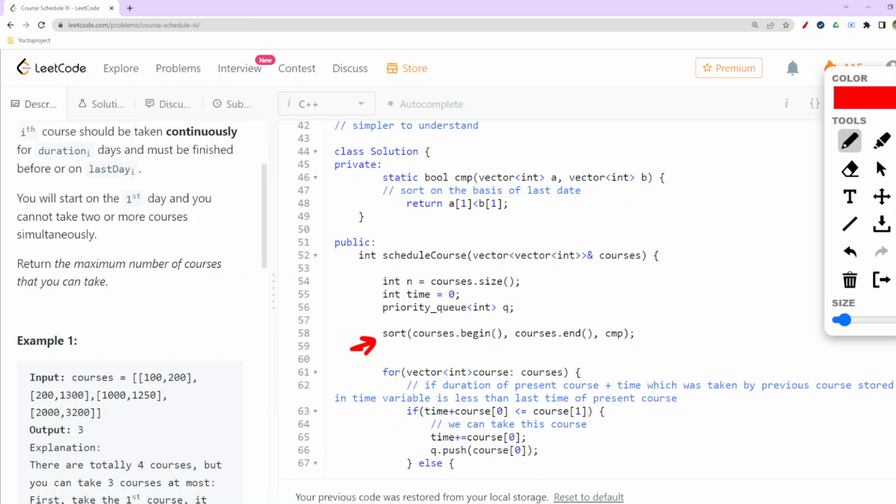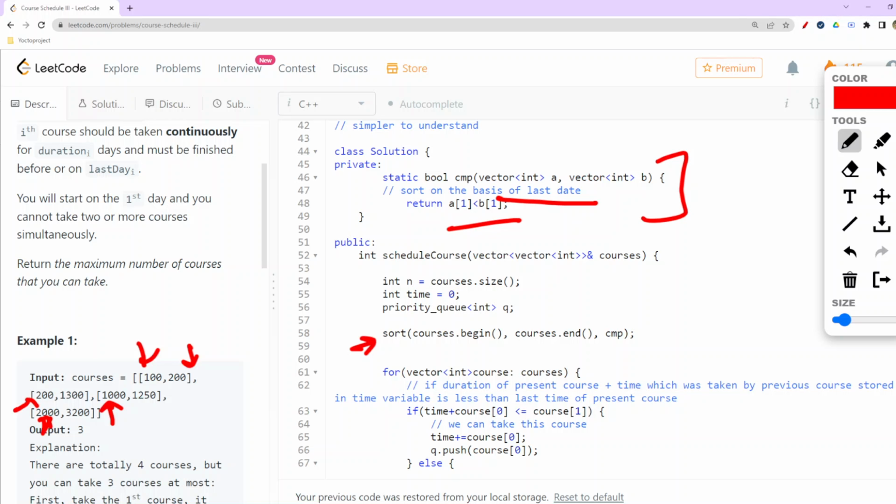Because if we were sorting this by default, it would sort by whatever is first, basically the durations, in increasing order, and only if the first ones are equal would it check the second one, to see which of those is lesser. But now we are not required to do this. Our requirement is that we sort on the basis of the last time, and that also in increasing order. So that's why we are taking it in this manner.